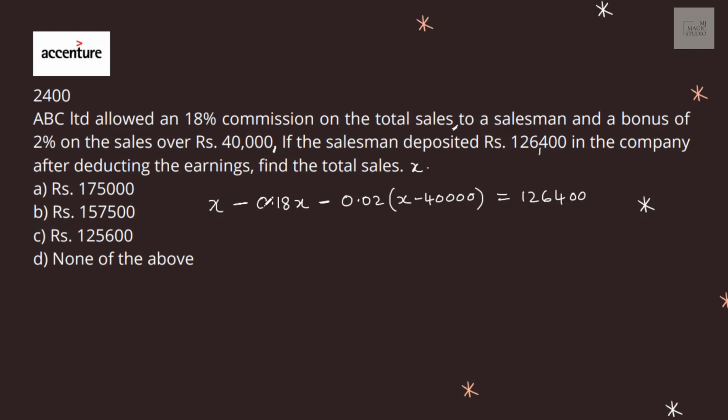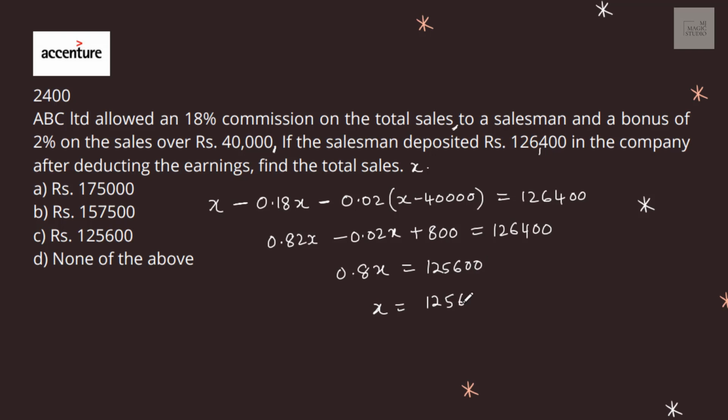A simple equation to solve now. X minus 18% of X is 0.82X, minus 0.02X plus 2% of 40,000, which would be 800, equals 126,400. So 0.8x equals 126,400 minus 800, which will give 125,600.